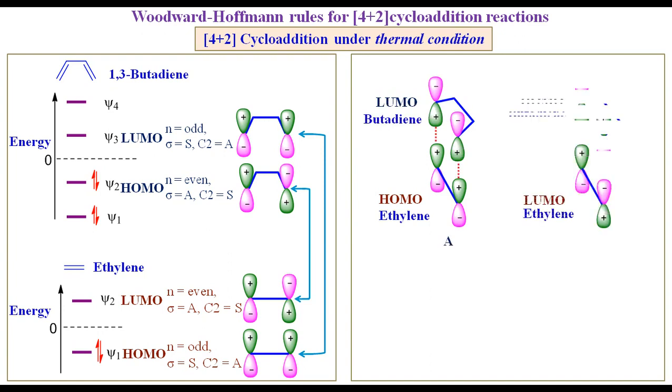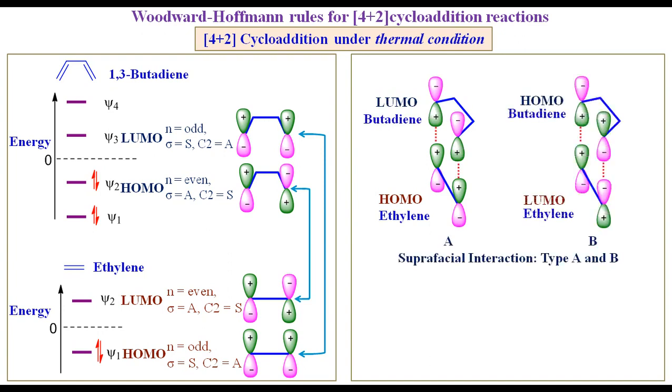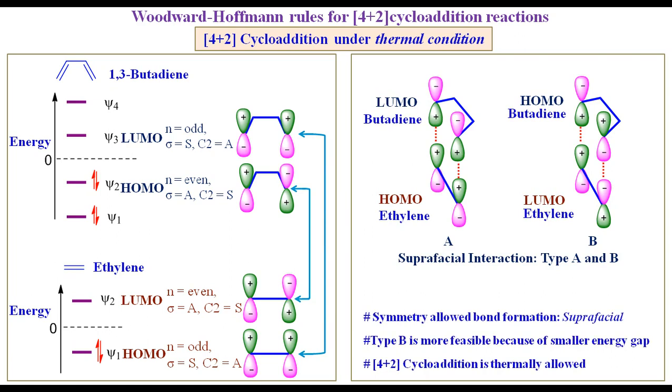But in general, interaction between HOMO of 1,3-butadiene and LUMO of ethylene is energetically more favorable because of a smaller energy gap between these two molecular orbitals. So, 4+2 cycloaddition is thermally allowed.